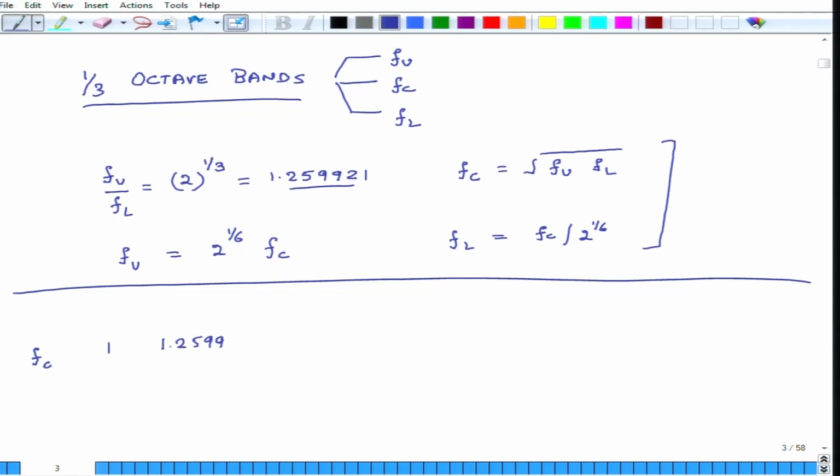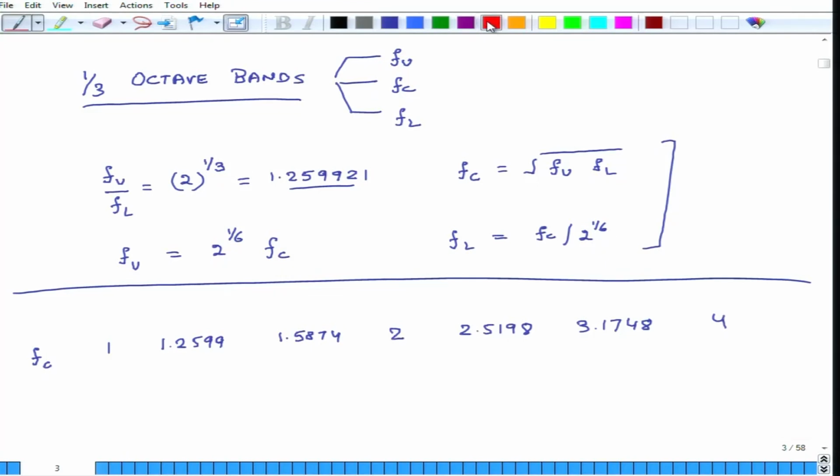Then I multiply again and get 1.5874, and if I multiply 1.5874 by this factor, I get 2. Then I get 2.5198, multiplying every time by 1.259921. Then I get 3.1748, and then 4, and so on and so forth.